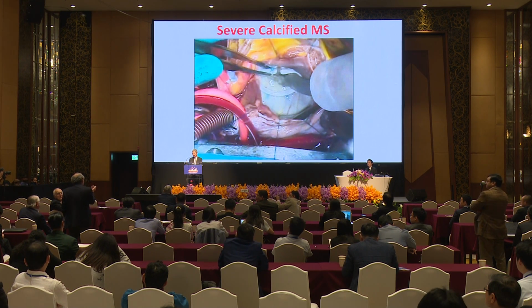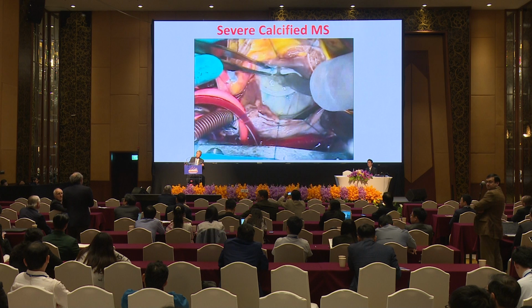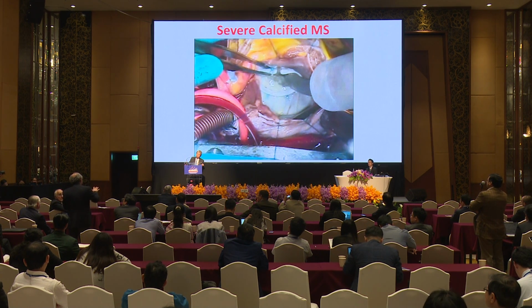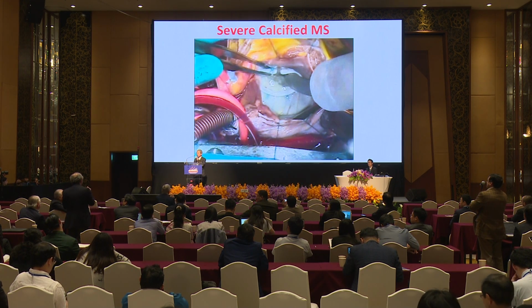So I personally never cut the secondary chorda on the posterior leaflet. I leave them intact and they play the role of marginal chorda. Only resecting the rough zone on the posterior and stopping at the level of the secondary chorda, that's all. So I don't feel we need to resect the secondary chorda on the posterior part.